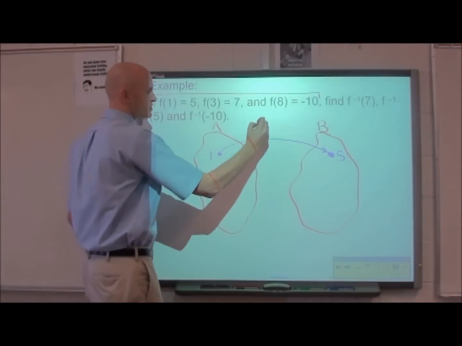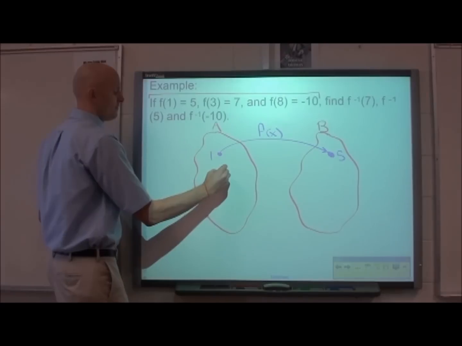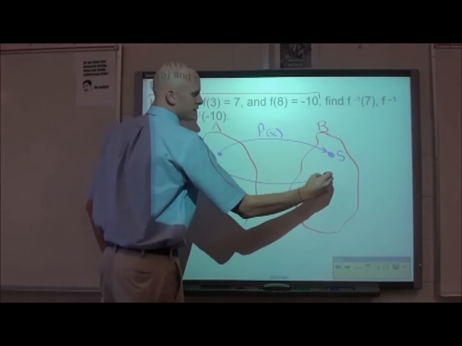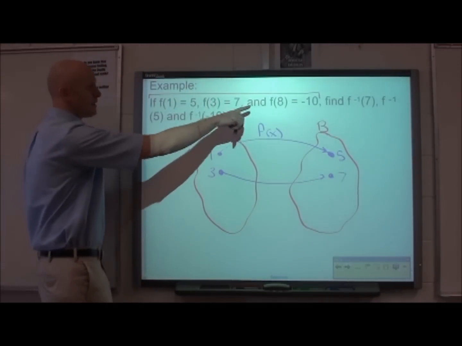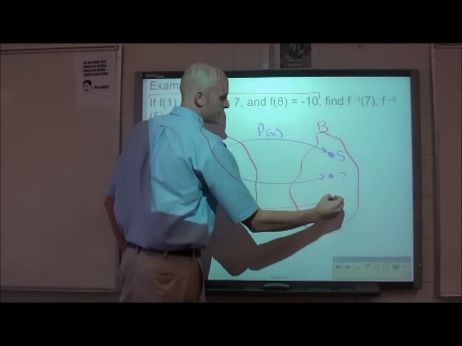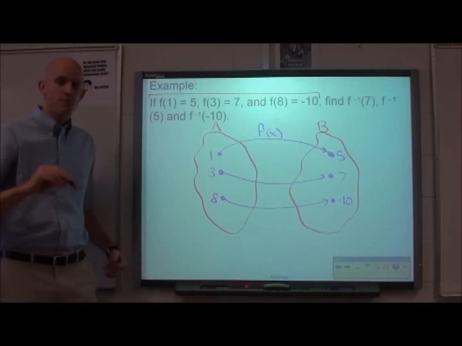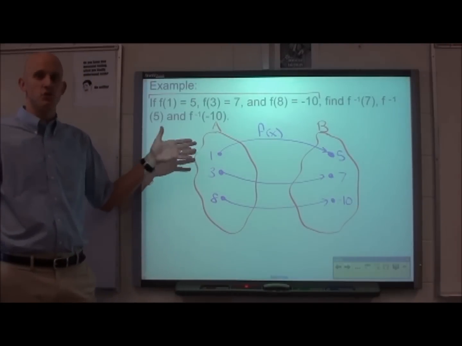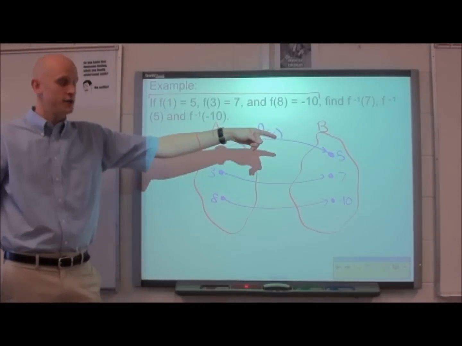Remember this is f of x, so f of 1 is 5, f of 3 is 7, f of 8 is -10. That is what this first part tells us. This is the visual of that information. If I input 1, it outputs 5, domain to range.